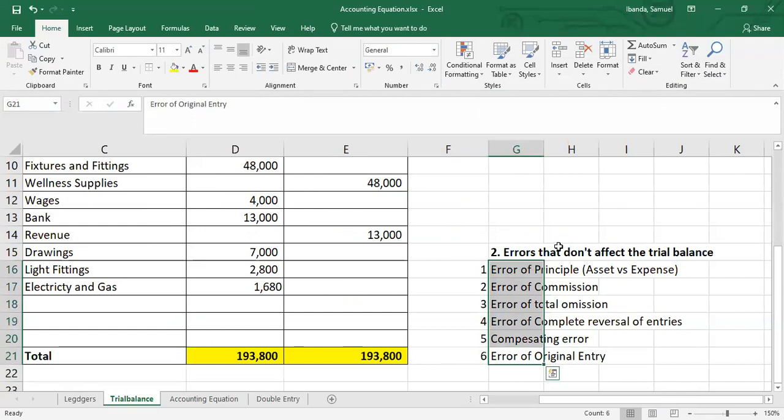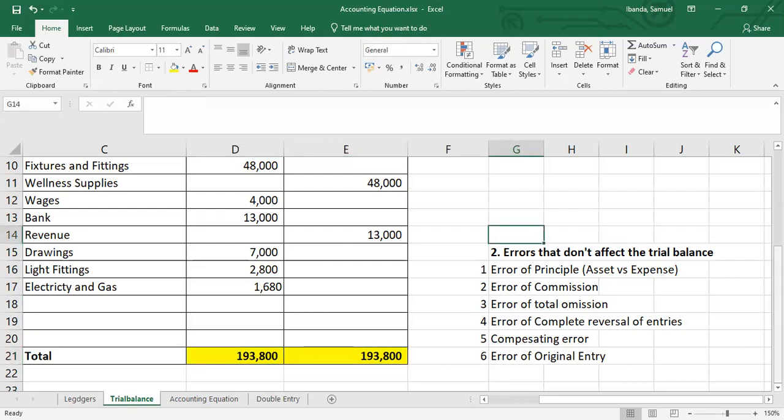So these are the errors that don't affect the trial balance, and they will not in any way create a difference between the totals.